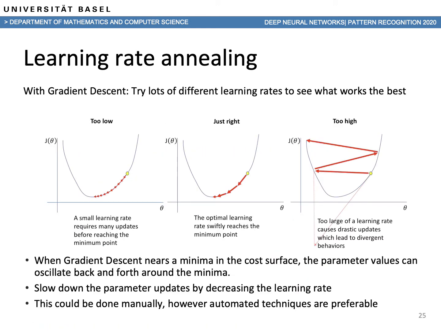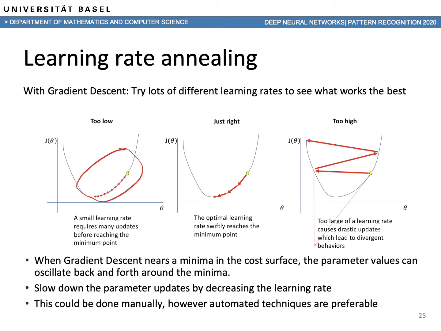One way to help control the learning rate of the gradient descent algorithm is what is known as learning rate annealing. Using standard gradient descent, we select one learning rate, and if it's too small, we end up on the left, where we have to take a lot of small steps to get to the minima.